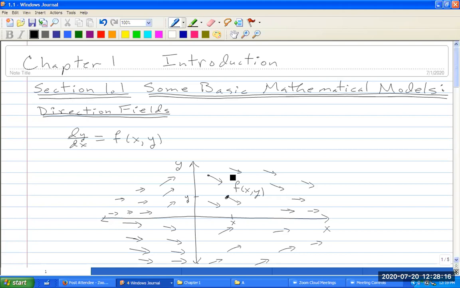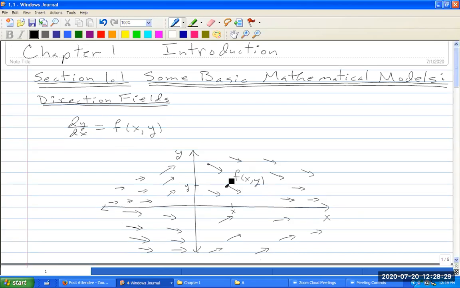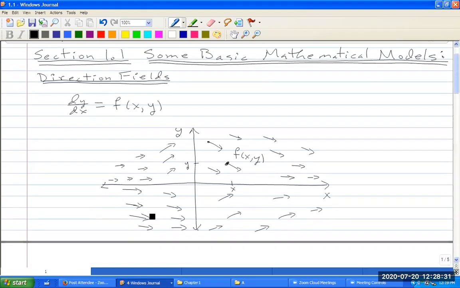Maybe this is your vector here. So you go over 1 down 2. And you do that for every point in the plane. Then we call this picture a direction field.